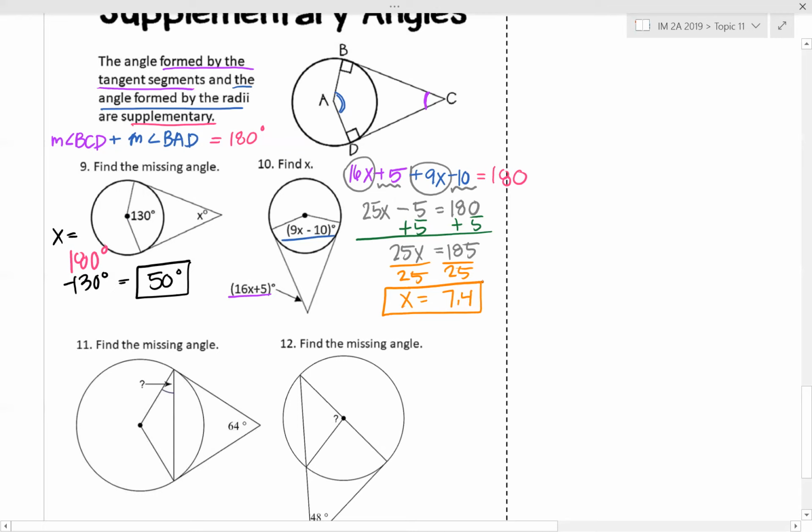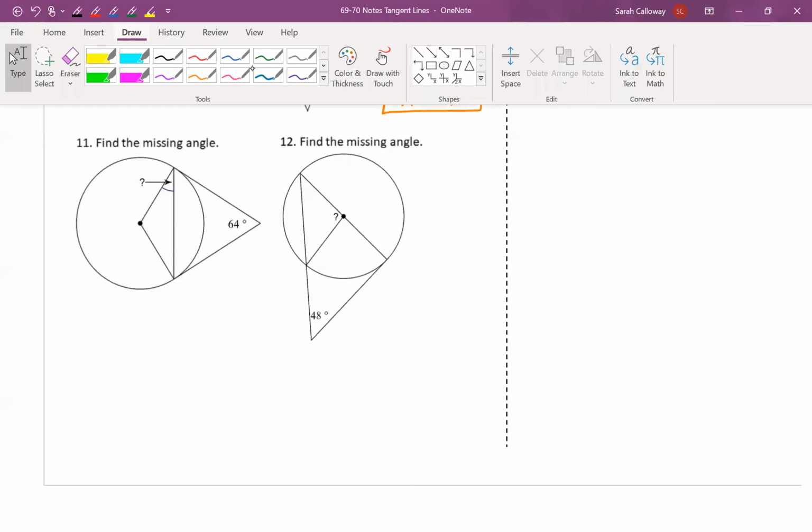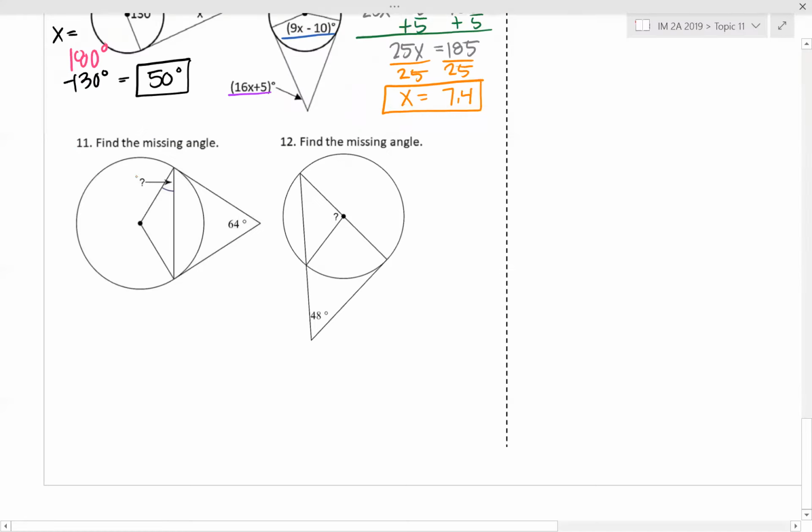Okay, so in the next one, it's going to get a lot more complicated because we have some additional angles going on. So we have more complicated diagrams, but we're still going to be using the idea that these angles are supplementary. So I'm looking for this angle here. So let's call that x because we've been doing that consistently.